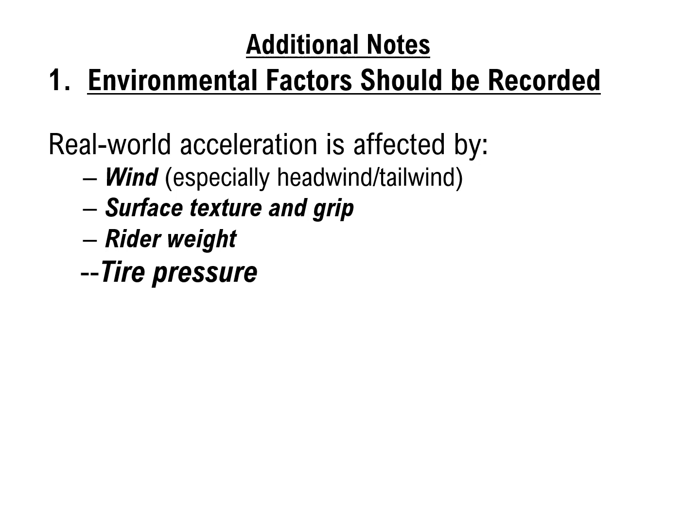All other factors related to the environment should also be recorded because the real world acceleration is affected by the wind, especially headwind or tailwind, surface texture and grip of the test course, rider weight, and tire pressure.